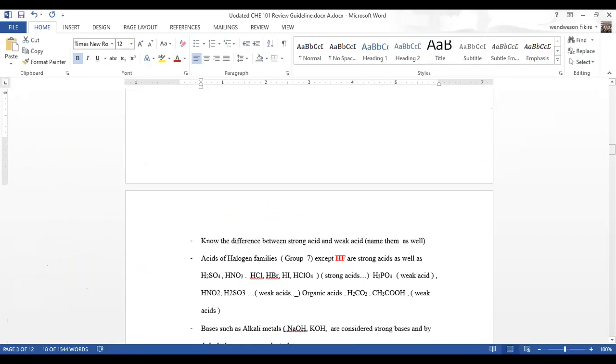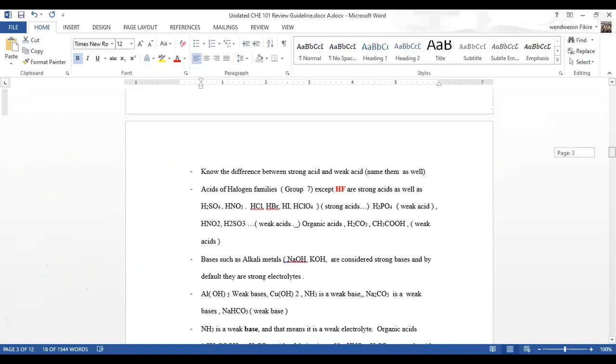Also we need to know the difference between strong acids and weak acids, and name them as well. Mostly strong acids are acids of the halogen family, acids of group 7. Of course, there are some exceptions, like hydrogen fluoride, which is a halogen family acid but an exception.